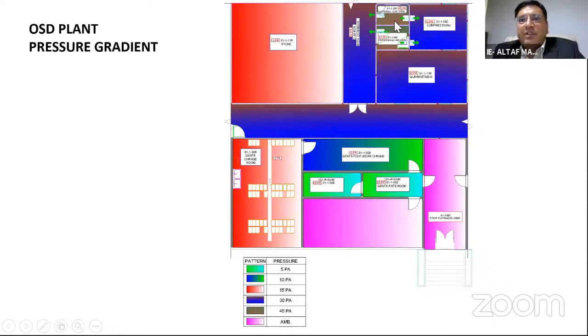Their positive pressure will be higher compared to the production areas, and again higher than the corridors. For example, 45 Pascal is for the personal and material airlock, 30 Pascal is for compression, and again 30 Pascal for the corridor.